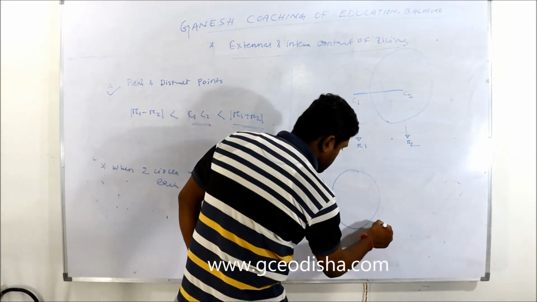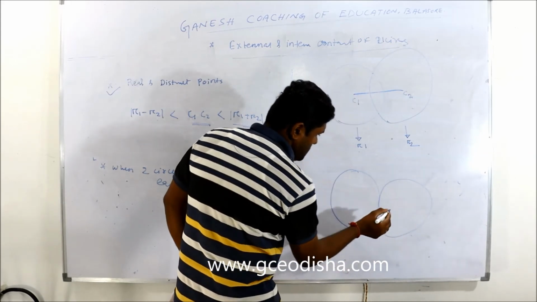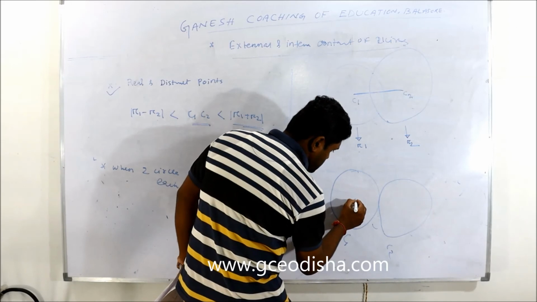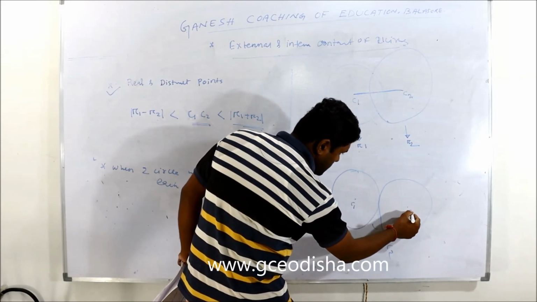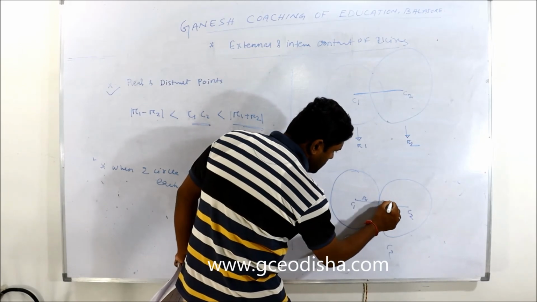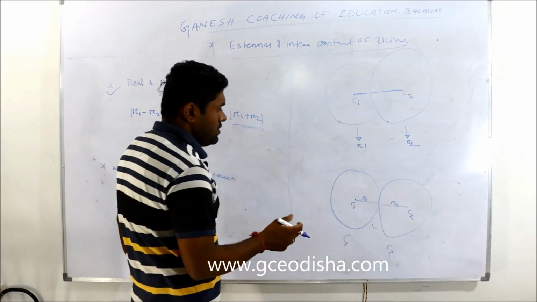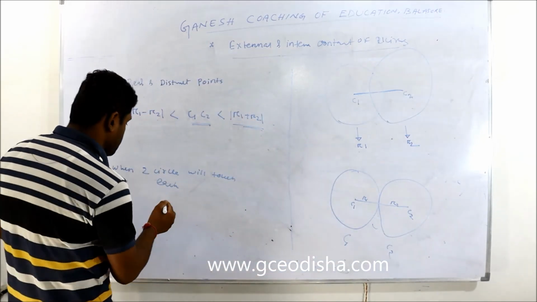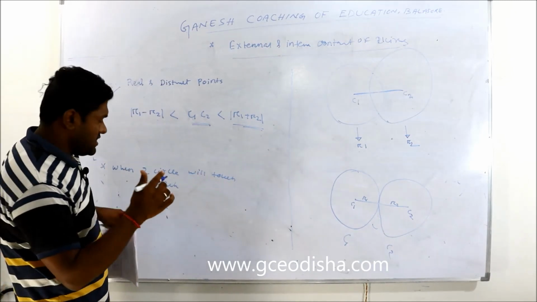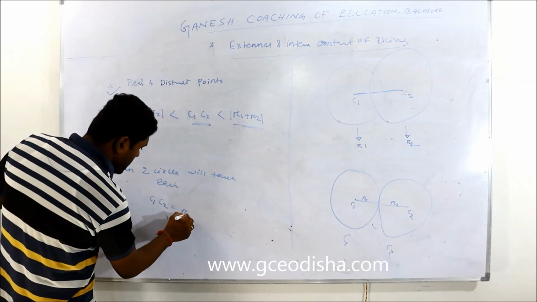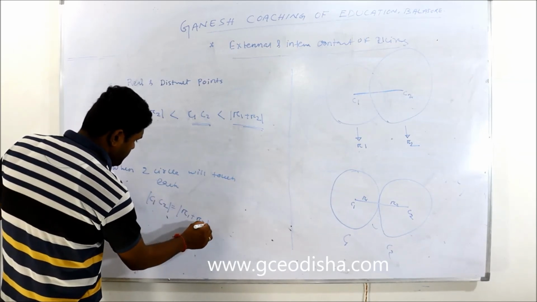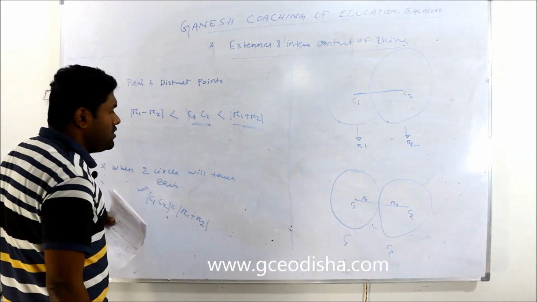This circle has center C1 and radius R1, and this circle has center C2 and radius R2. When two circles touch each other, C1C2, the distance between the two centers, is equal to the addition of the two radii. Then the circles will touch each other.